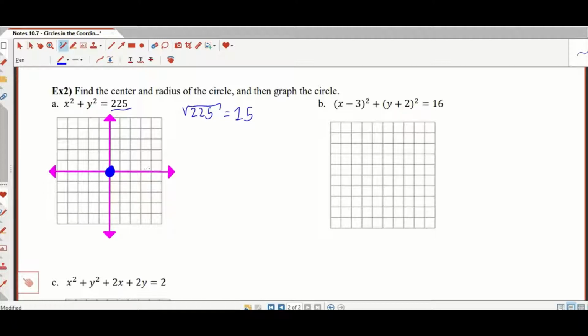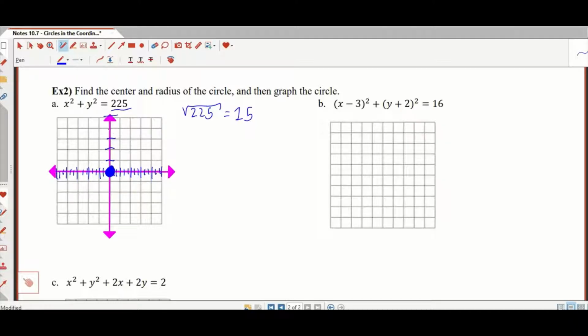So this has a radius of 15, so we've got to somehow get this out with weighted 15. 1, 2, 3, 4, 5. So if each of these counts as 3, we can get a radius of 15. And the same up here.